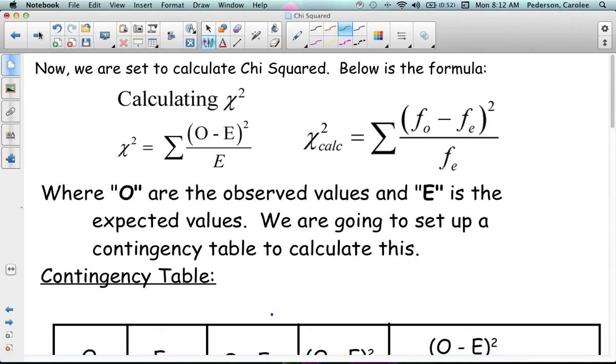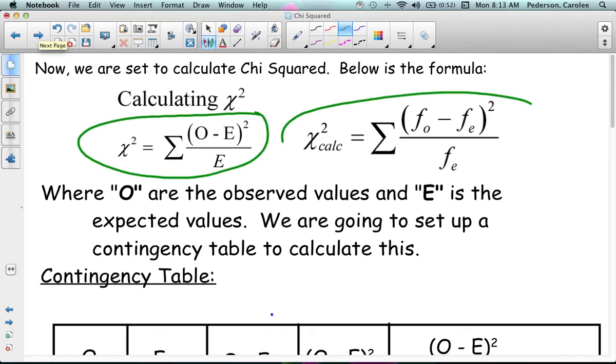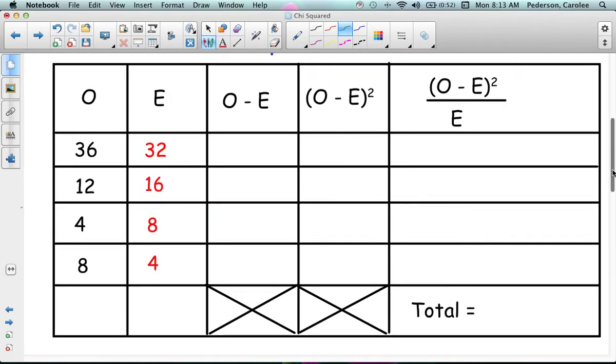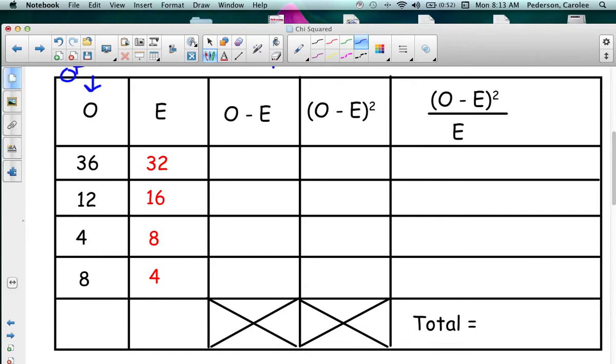This is where the calculation of chi-squared comes from. You see it sometimes like this in the formula, or like that. They're the same thing. What we're going to do is set up what we call a contingency table. This first box is all of the observed.